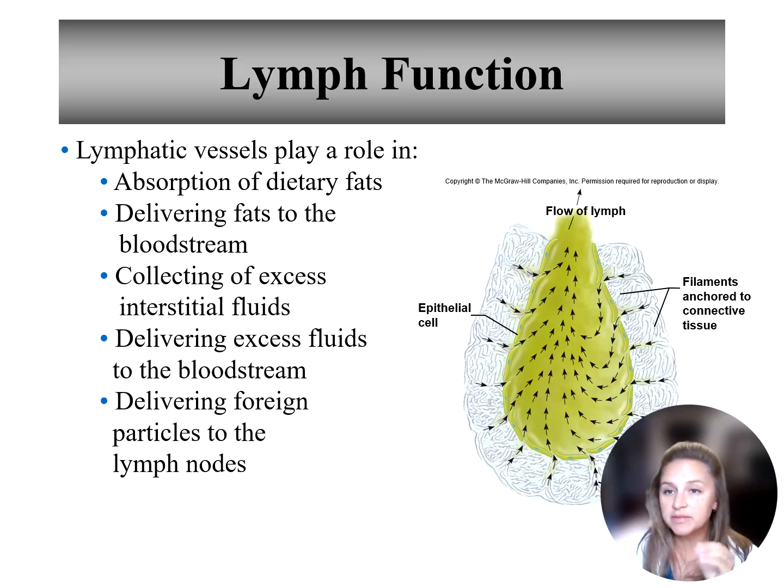When we talk about the immune system later, we're going to see that one of its major jobs is bringing these foreign particles to the lymph nodes. At the lymph nodes are a lot of the immune cells, and they will look at these foreign particles and say, are these antigens? Are these something that I need to be mounting an immune response against to try to clear?